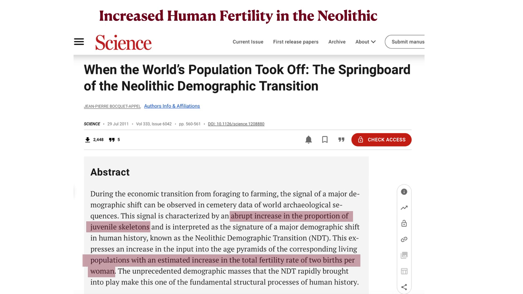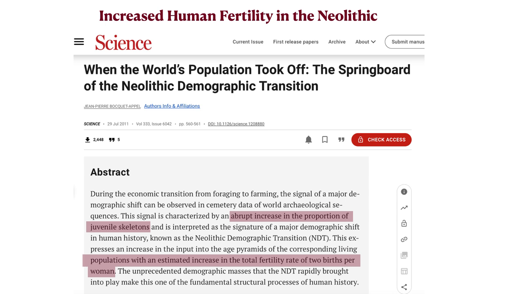One thing that seems counterintuitive and really interesting, though, from this article is an abrupt increase in the proportion of juvenile skeletons as opposed to what you find with hunter-gatherers. So population is going up, but you're also having a lot more deaths of young people. At least more of their skeletons are appearing.